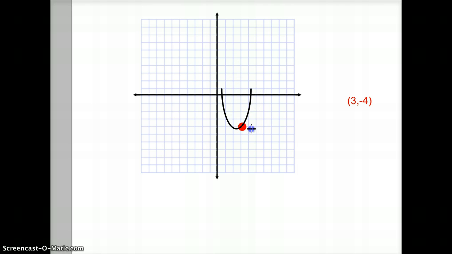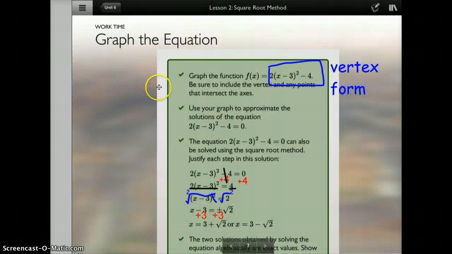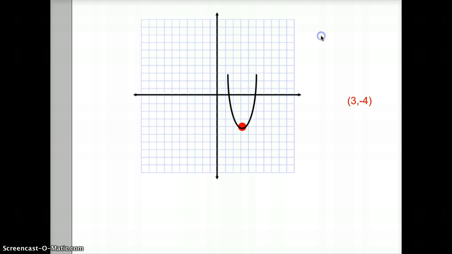And I'm going to make a parabola, just an estimation. It's not perfect. It was 2, so it's kind of a little skinnier than regular. So that is an estimation. I know I should have two solutions, and I do have two solutions: 3 plus square root 2 and 3 minus square root 2. Those are my two answers right here.